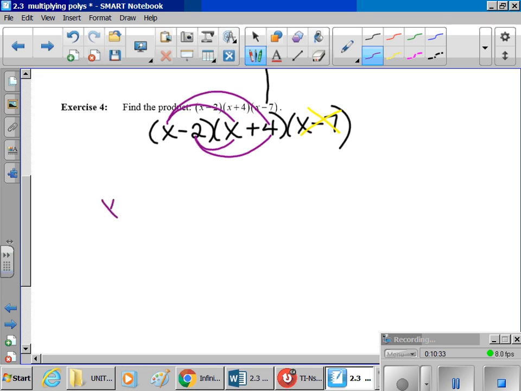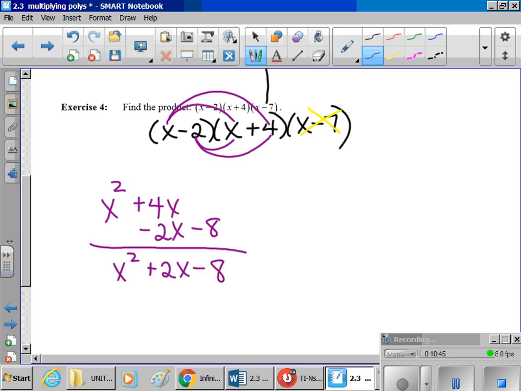So this becomes x squared plus 4x minus 2x minus 8. So we have x squared plus 2x minus 8. If you did the area model, you should be coming up with the same answer. But now we need to take that x minus 7 out of hiding and multiply it by that trinomial that we have.